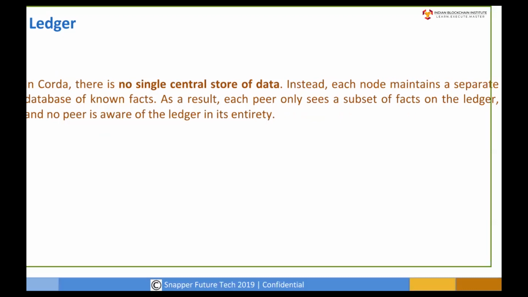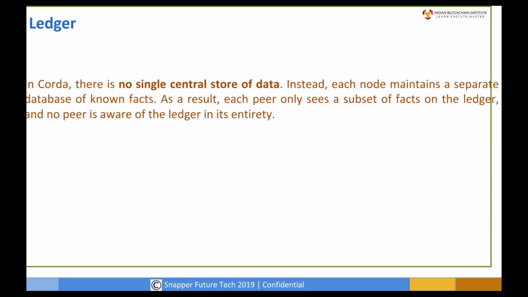In a public blockchain, or let's say, as we all know, Corda is not a blockchain, but in blockchain every node has the same copy of the ledger, held by every node in the network. But Corda is not the same case.